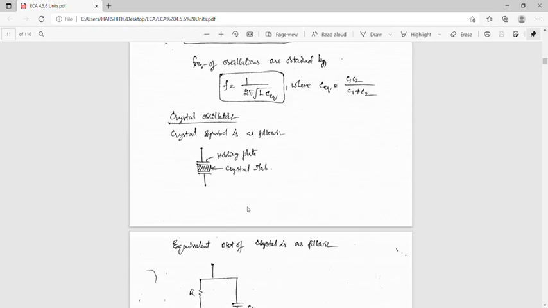This is the crystal oscillator. The crystal oscillator is also called the high stability oscillator. The crystals are either naturally occurring or manufactured, exhibiting the piezoelectric effect. The piezoelectric effect means that under the influence of mechanical pressure, a voltage gets generated across the opposite faces of the crystal.